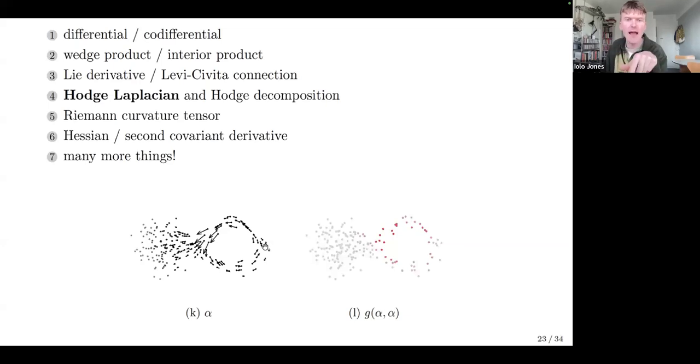So this thing alpha that I showed you before is really a harmonic form. It's a 1-form alpha that's in the de Rham cohomology class of this space. And so it's very concretely measuring the fact that there's a hole in the data here, via measuring it through the harmonic form alpha, that we can then localize via the metric if you want to see a sort of indicator function for concretely where the cohomology class is.